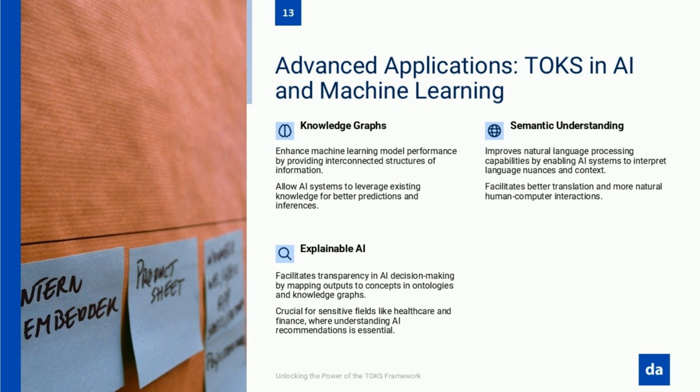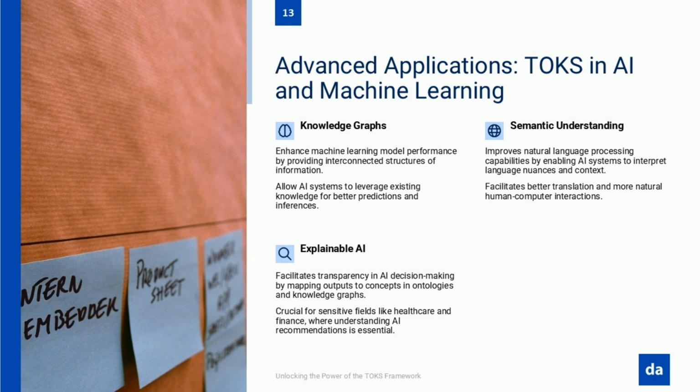By mapping AI decisions to concepts and relationships defined in ontologies and knowledge graphs, these systems can provide clear explanations for their outputs. This explainability is particularly valuable in critical domains like healthcare and finance, where understanding the rationale behind AI recommendations is essential. Across industries, TOKS-powered AI applications are demonstrating remarkable capabilities.